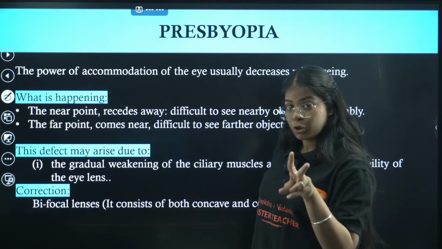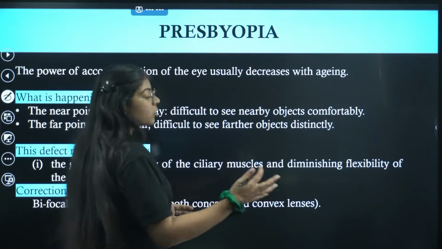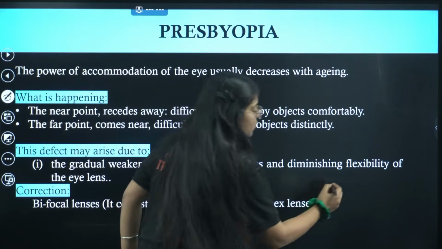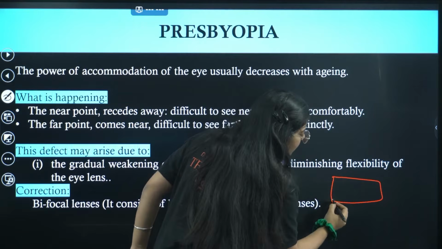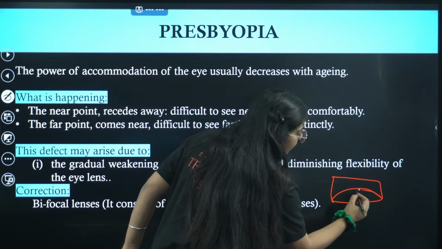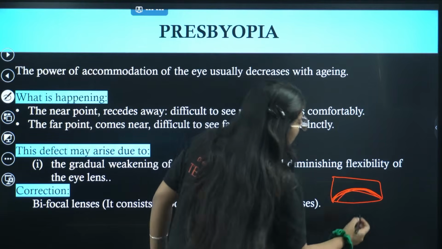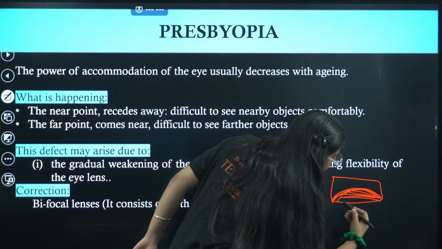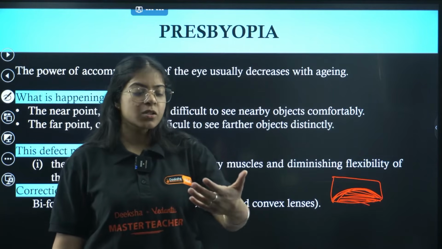Bi means two. A bifocal lens has both concave and convex parts. It is like this is your specs, and in the specs there is a small area on the downward side of the lens. This area is used for reading, because we read downwards.